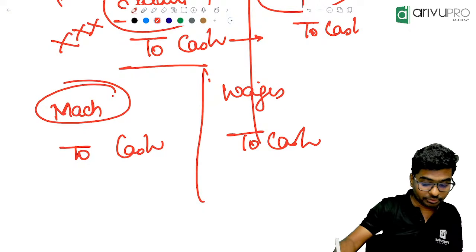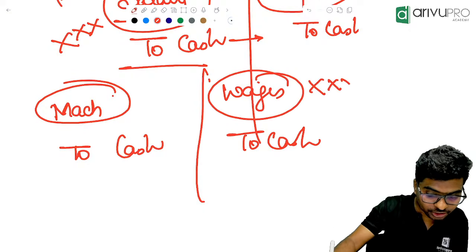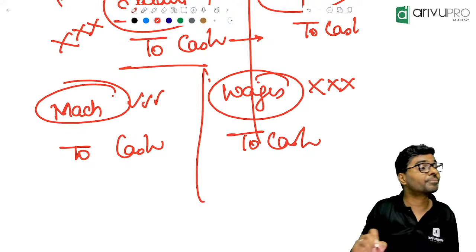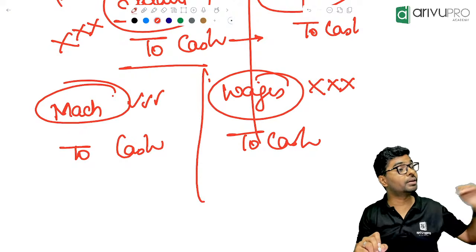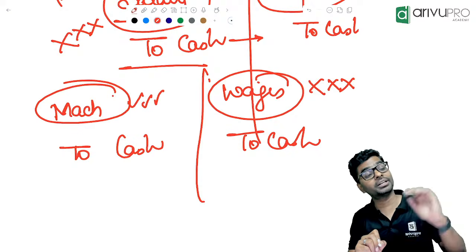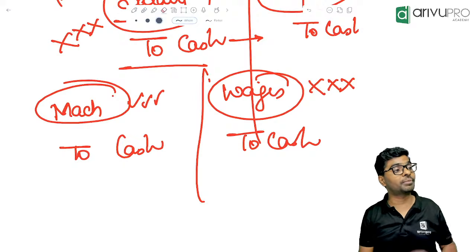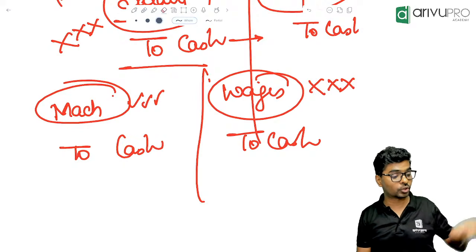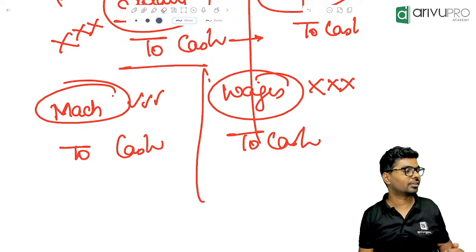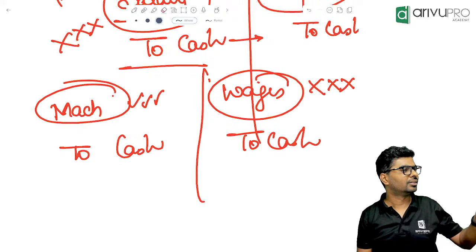Because wages was never meant to come in my profit and loss, whereas machinery should have come in my balance sheet. The moment a balance sheet item is coming in the P&L, what is happening to your profit? Is it going up or going down? Down.